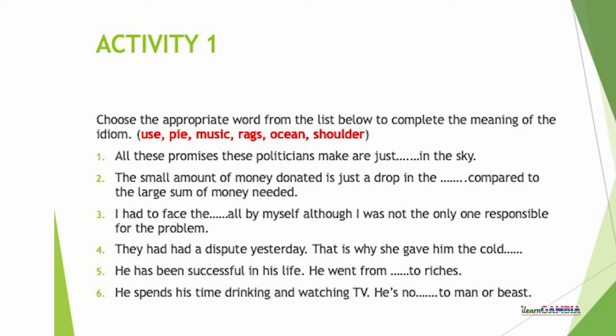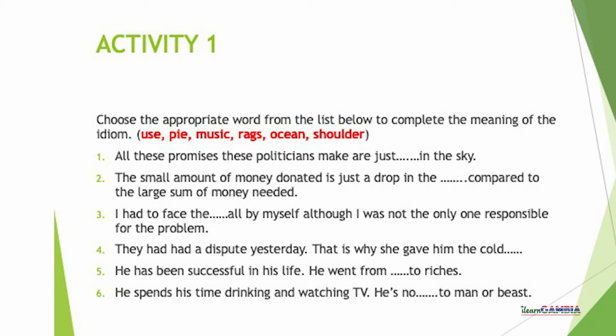Now we have words like use, pie, music, rags, ocean, and shoulder. In these sentences, one word from the idiom is removed, so you are to fix the right word in the space in each of the sentences.